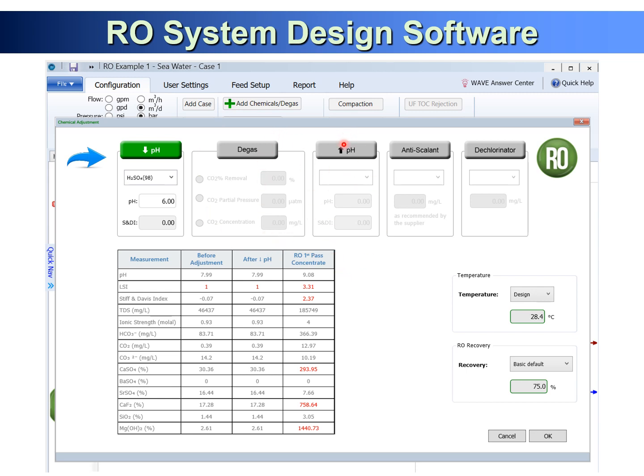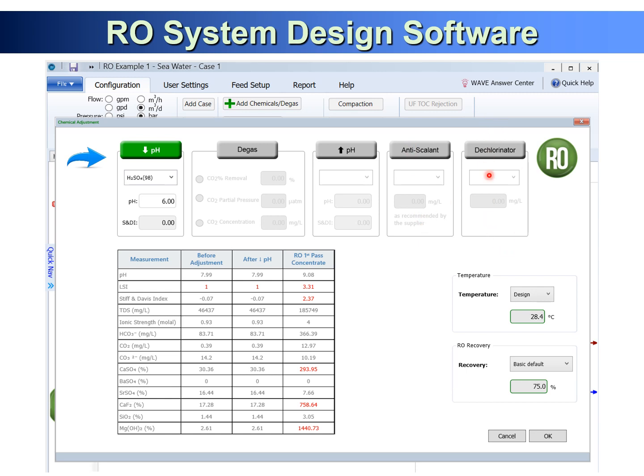Also for pH after post-treatment, we can increase it, and we can add anti-scalant based on our water chemistry, such as LSI, or some of the compounds. I already mentioned the anti-scalant: sodium hexametaphosphate can be added as an anti-scalant.